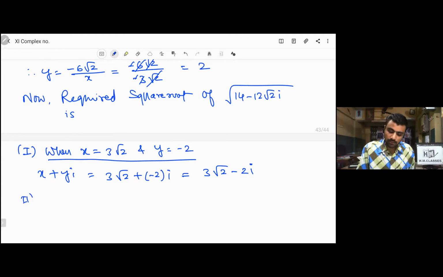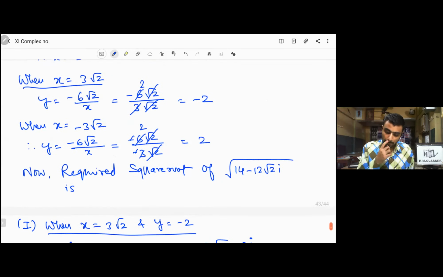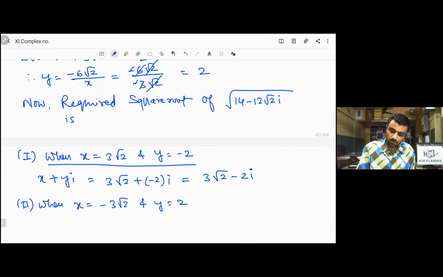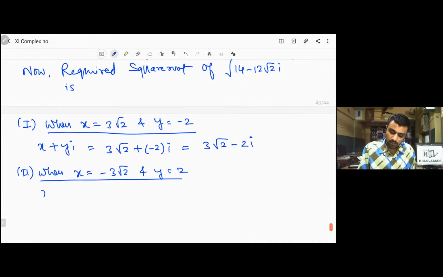And secondly, when x is equals to minus 3 root 2 and y is equals to plus 2, in this case x plus yi will become minus 3 root 2 plus 2i.